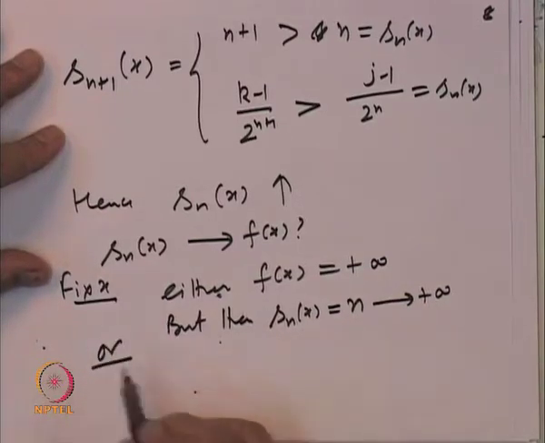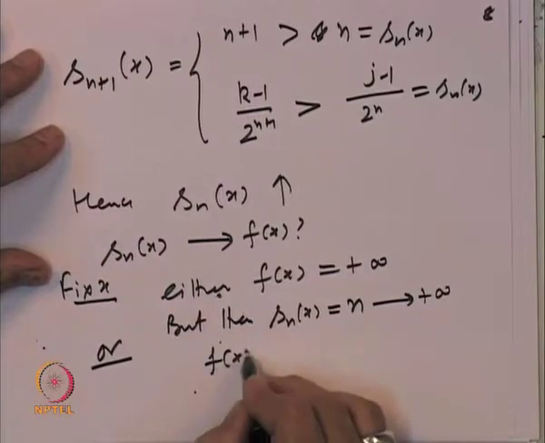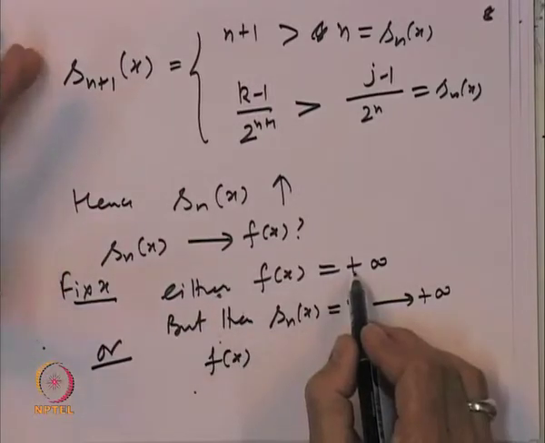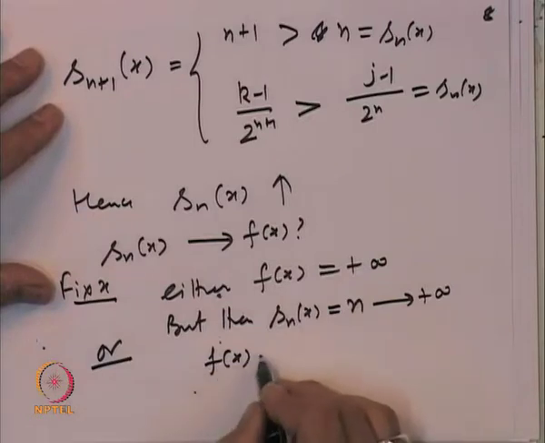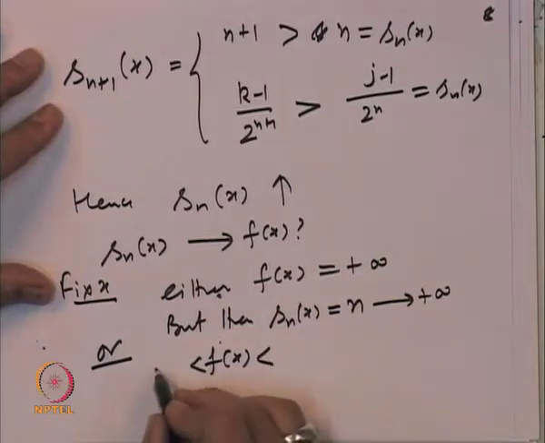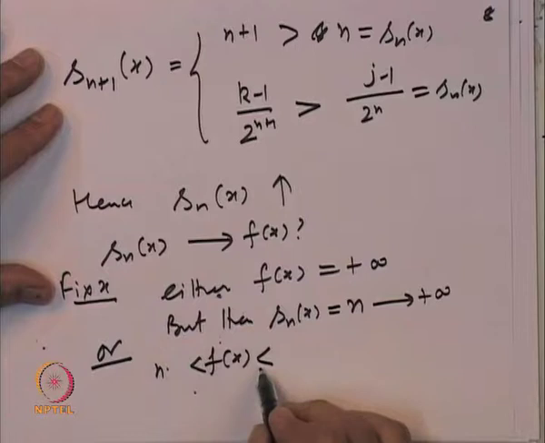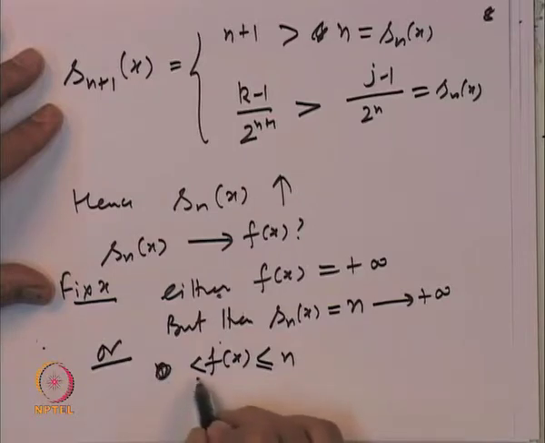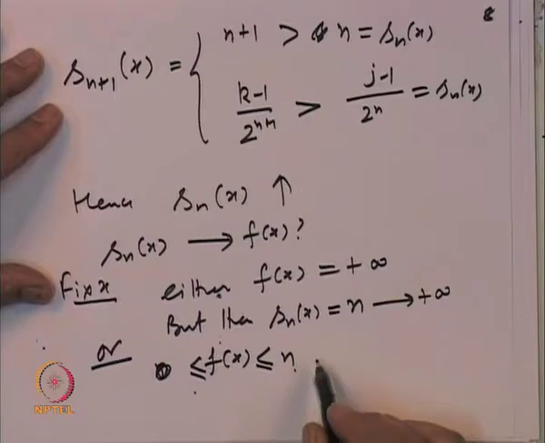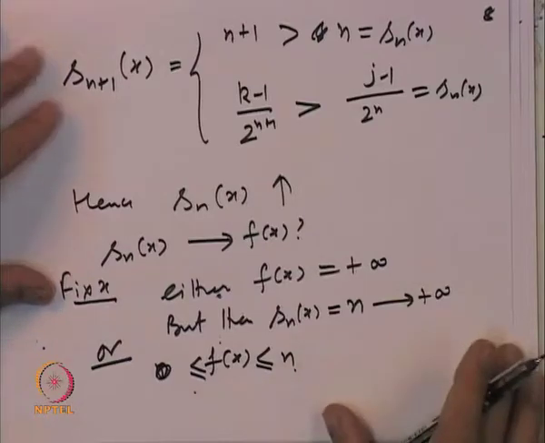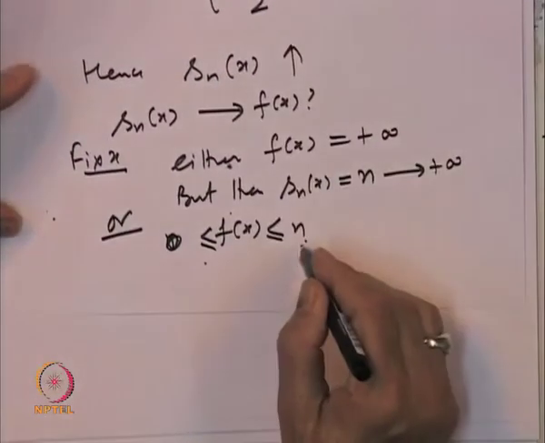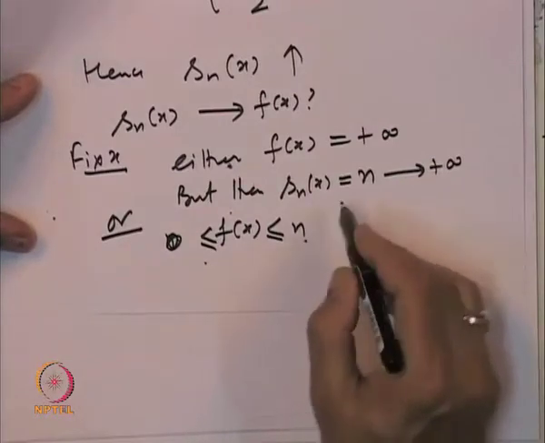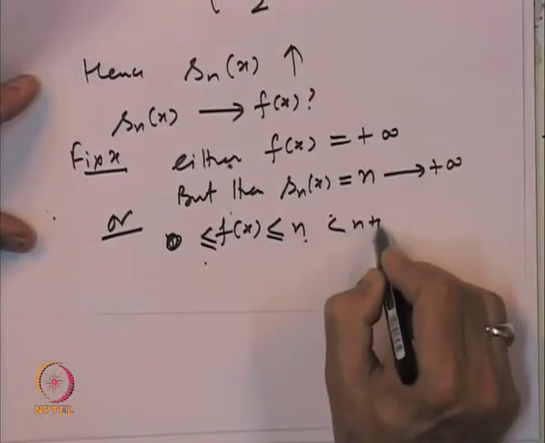What is the second possibility? f(x) is not infinity, that means it is a real number. So, it will lie between 0 and some n, so there exists an n such that 0 is less than or equal to f(x), which is less than n plus 1 and so on.